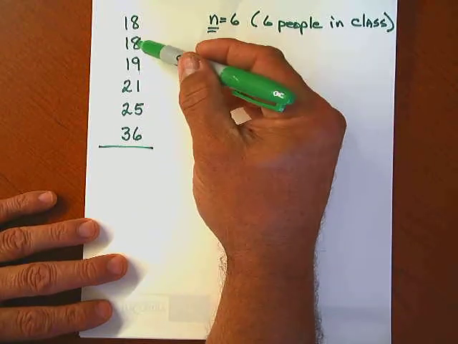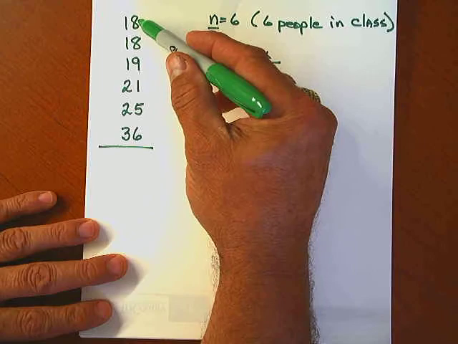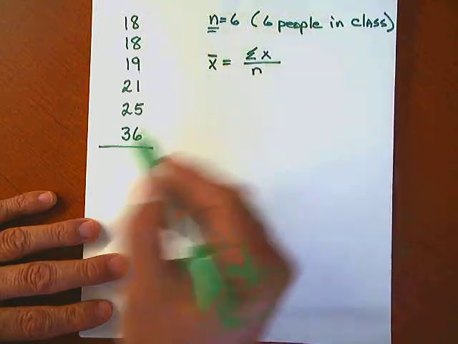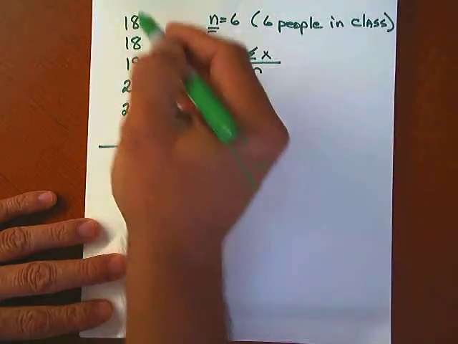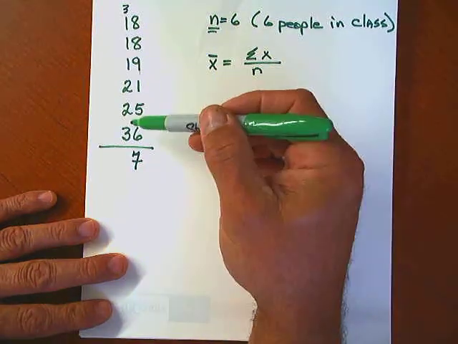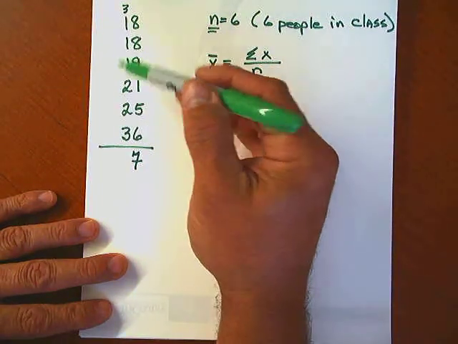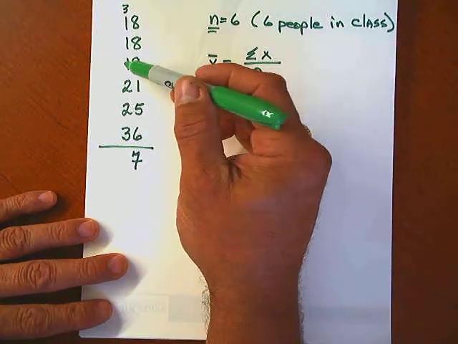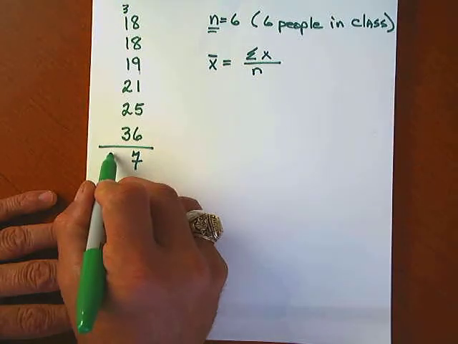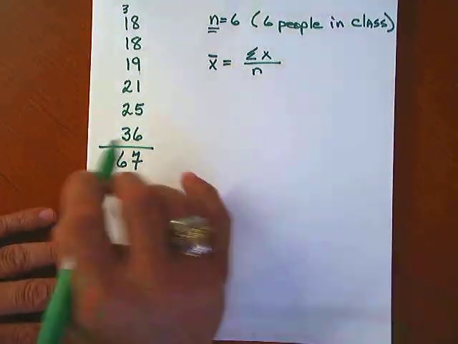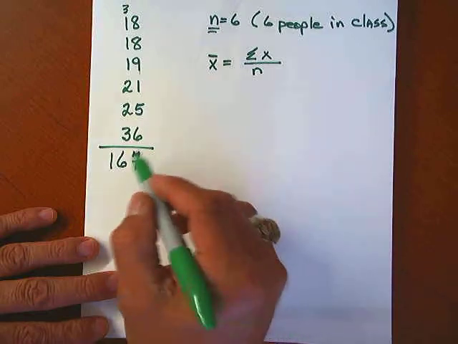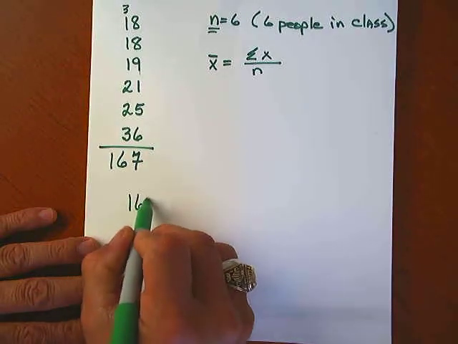Anytime you get a 10, it's easy. So there's 10, 15, 21, 29, and 37. And then your 3 here. So there's 3 and 3 is 9, 10, 11, 12, 13, 14, 15, 16. Looks like about 167. I hope that math is correct.